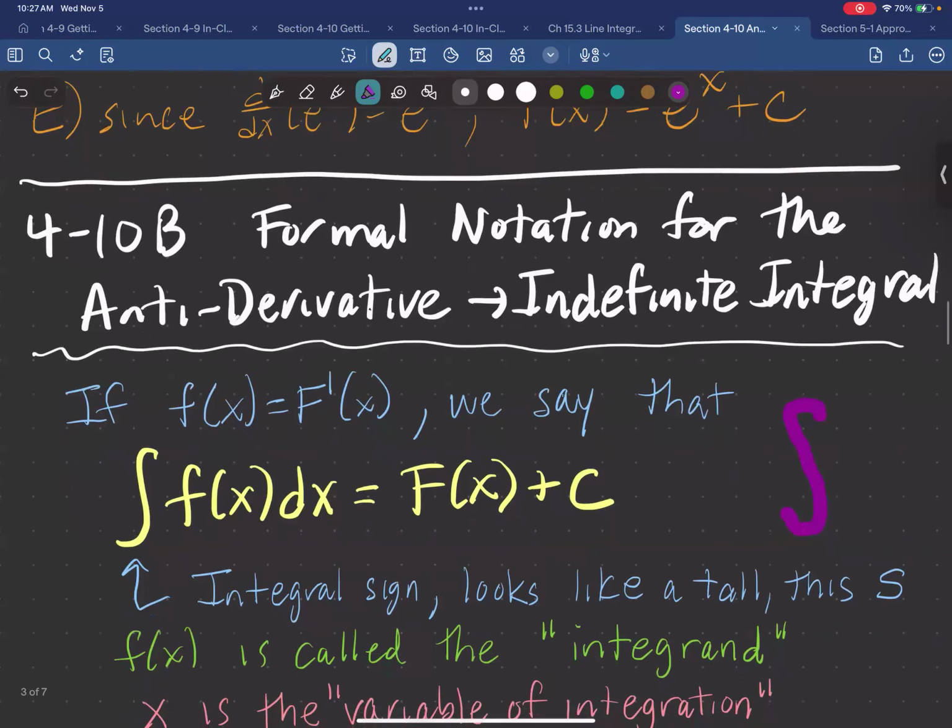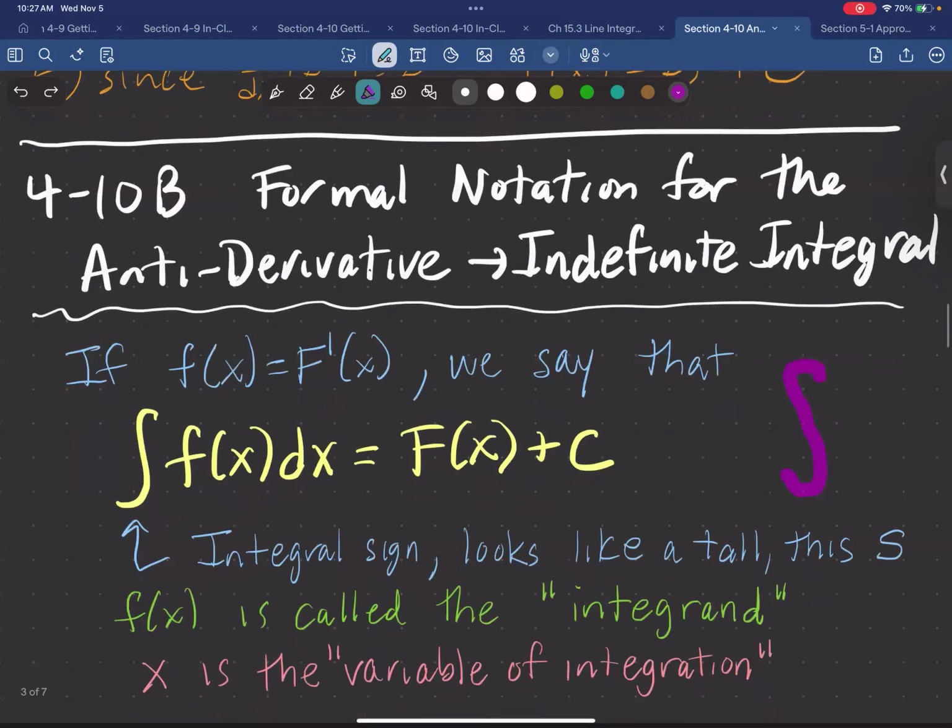We call this part here the integrand. And x is the variable of integration. The way you tell what the variable of integration is, is off of this letter right here. That will tell you what you're integrating with respect to. So let's change color on that, make it nice and light so it shows up.